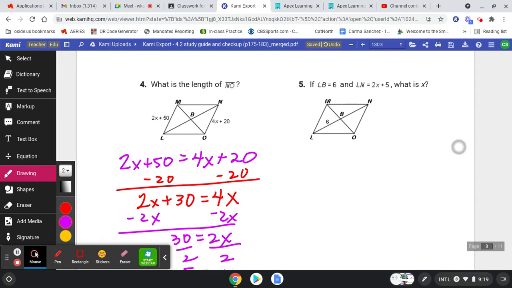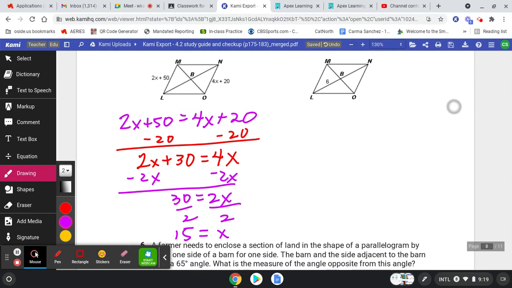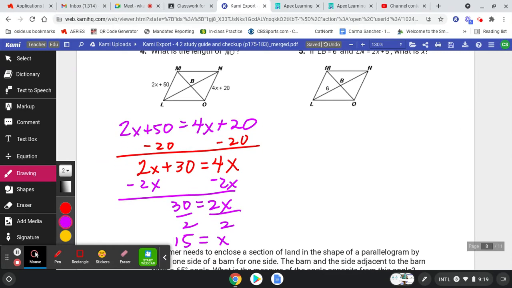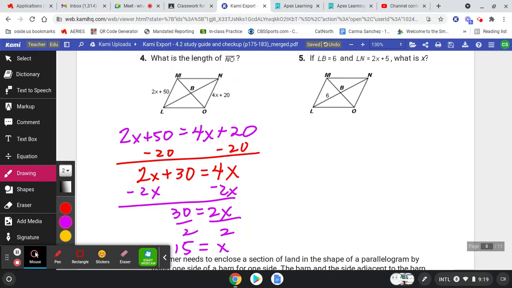This next one is giving us the diagonal length. So it says that LB is 6 and LN is 2x plus 5. So the entire LN is 2x plus 5.